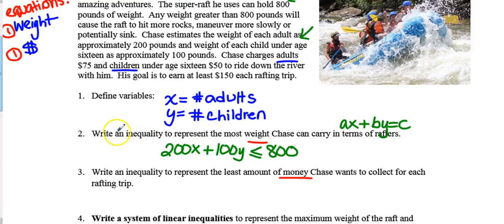This one was all about the weight. This one's going to be about money. So please go reread, and on your own, we're looking to build another ax plus by equals c inequality using the information about the money. Go find that.